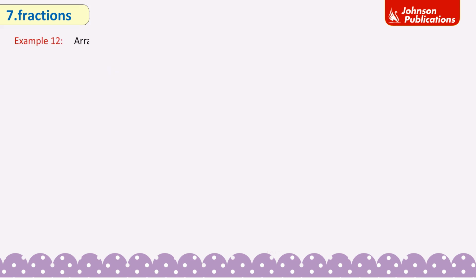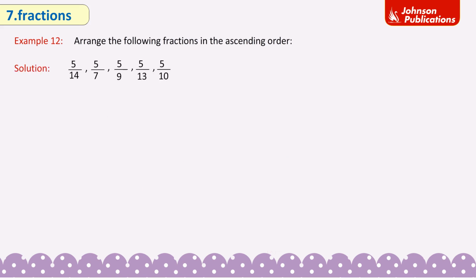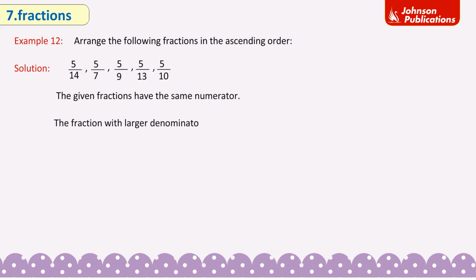Example 12. Arrange the following fractions in the ascending order. Solution. 5 by 14, 5 by 7, 5 by 9, 5 by 13, 5 by 10. The given fractions have the same numerator. The fraction with larger denominator is smaller than the others.